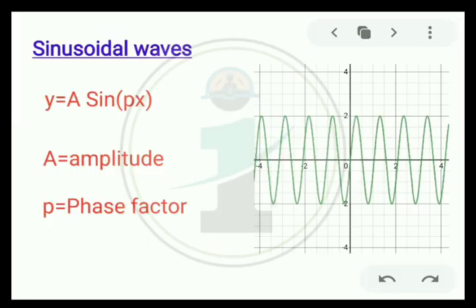Now these are the sinusoidal waves. I've taken a simple equation y equals a sine px, where a is the amplitude and p is the phase factor, and the wave nature will be like this, as shown in this figure.